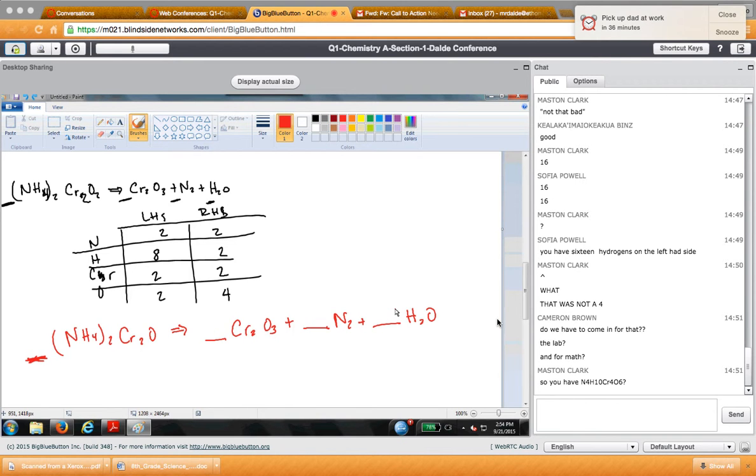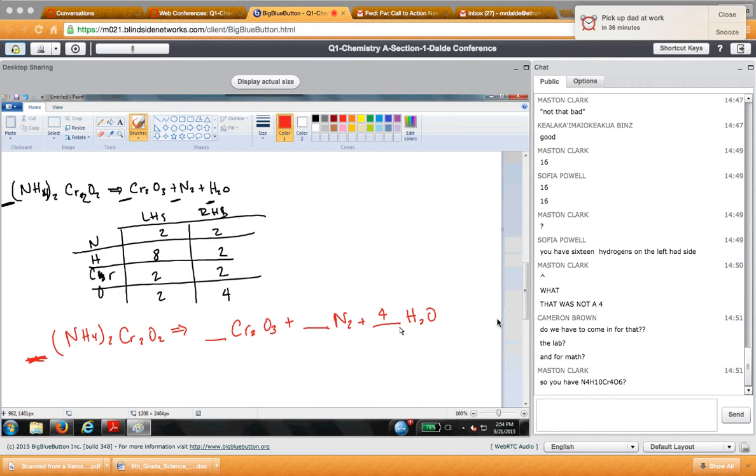So, here's what I'm going to do. Oh, wait, by the way, there's a 2 here. I'm kind of thinking, if I put a 4 here, and everything else was 1, then how many hydrogens do I now have on the right-hand side? 8.